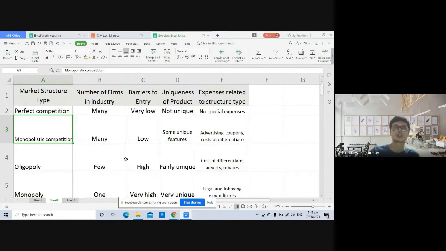Mas gusto ko na ito kaysa dito sa perfect competition, kasi itong monopolistic competition, maraming firms dito pero kakaiba ka, some unique features. Kumbaga sa manliligaw, you separate yourself from the rest. May kakaiba sa iyo. Yun yung monopolistic.